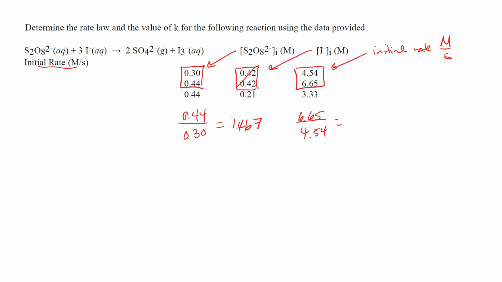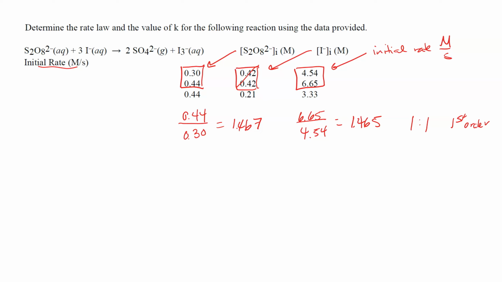This ratio is 1.465. So functionally, these are a 1-to-1 ratio. As you change concentration, it has a direct 1-to-1 effect on the rate of reaction. So because this is a 1-to-1 ratio, it's first order with respect to S2O8.